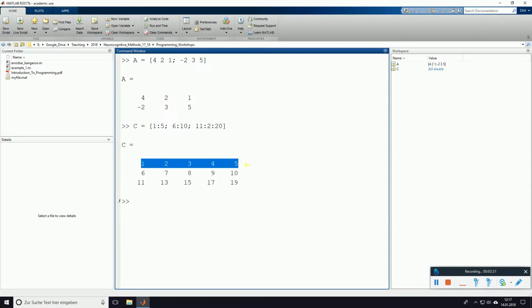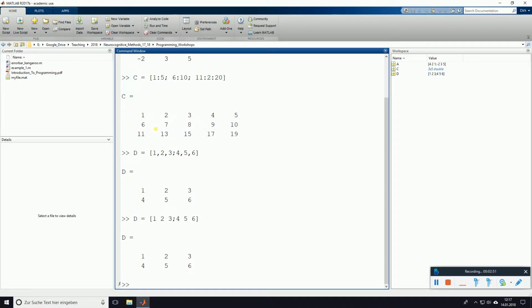The stuff that is in one row is just specified without any punctuation or with a comma. So for example, 1, 2, 3, 4, 5, 6 generates this matrix, but you can also leave the space blank, or as seen above, also with the colon operator.